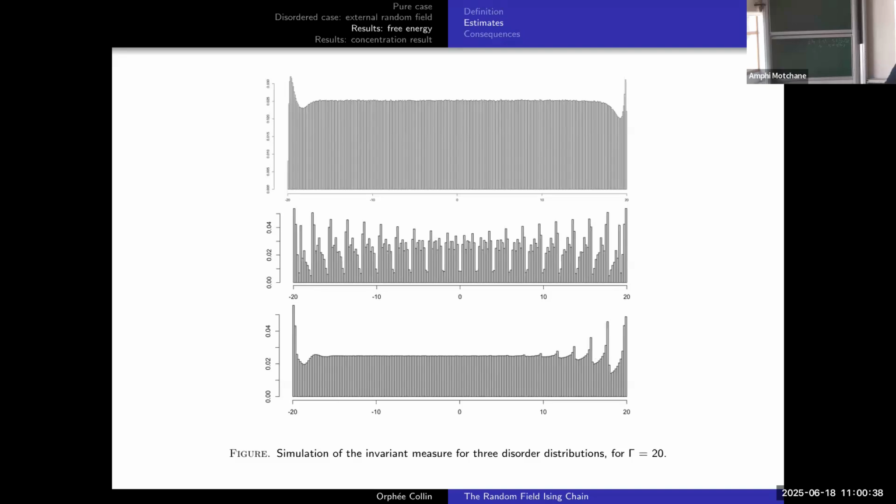Okay, so as I said, we need to understand precisely the invariant measure near gamma, so on the right side.